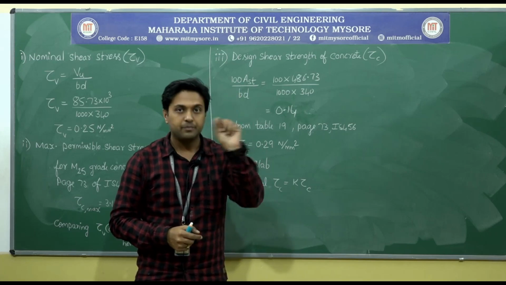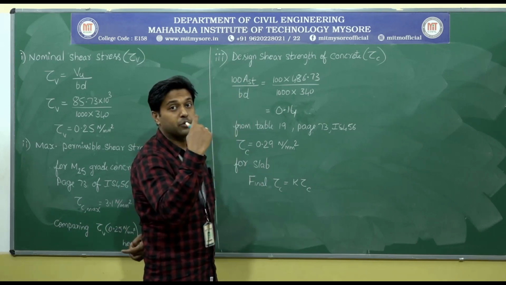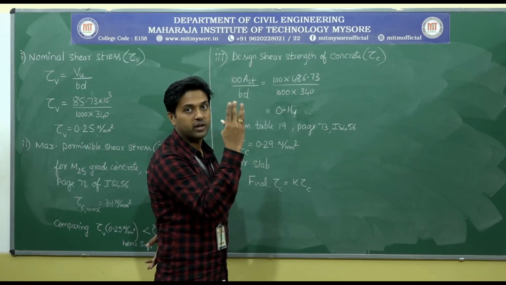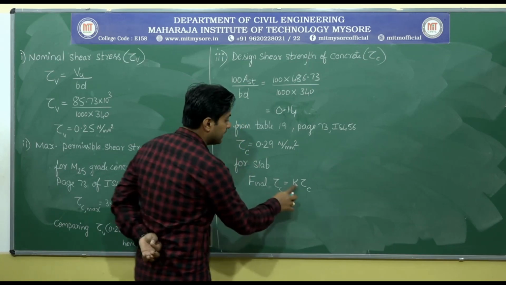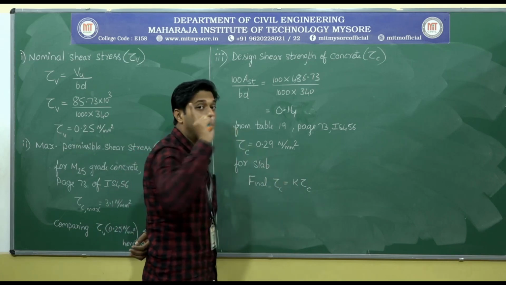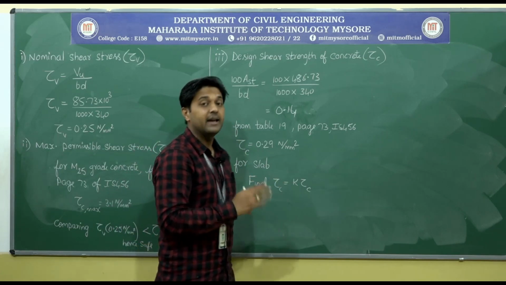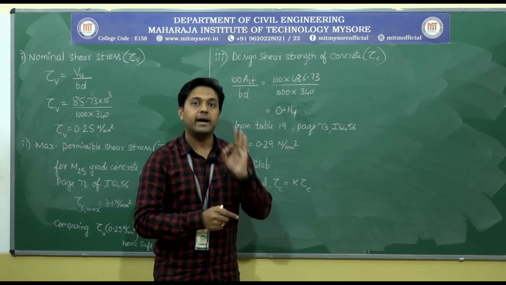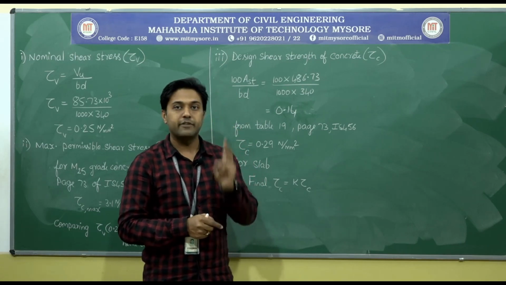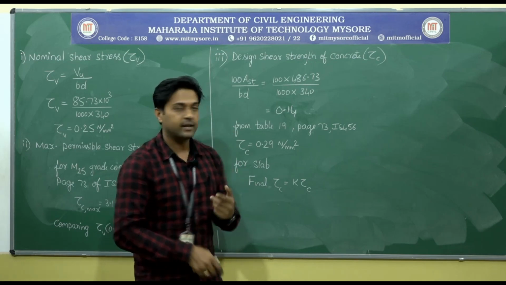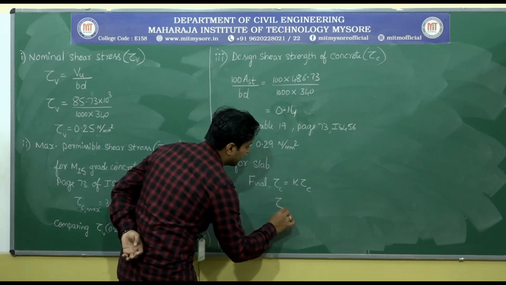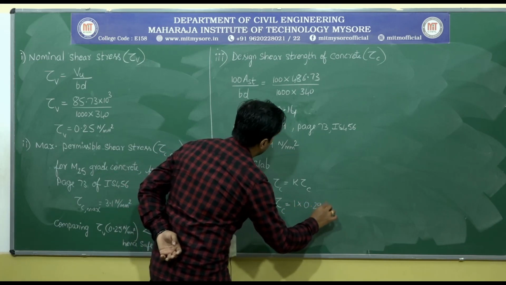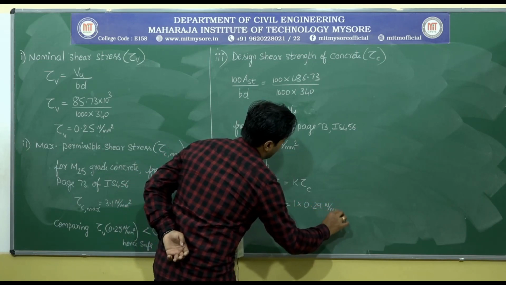The value of K is based on the depth of the footing. Based on 400 mm overall depth and 340 mm effective depth, the K value we can take as 1. I am not taking it directly, it is from the code, so please check page 72 or 73. So the value is 1 into 0.29 Newton per mm square.